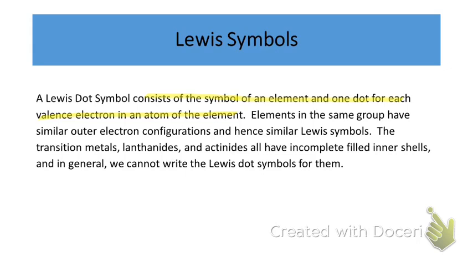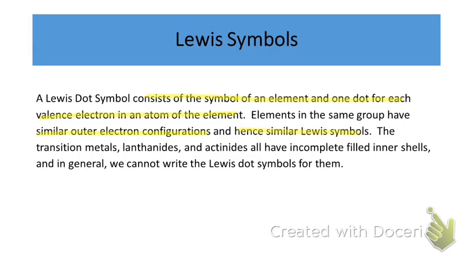Elements in the same group have similar electron configurations, and you know that. Hence, they're going to have very similar Lewis symbols. That's a pretty important connection to make: elements in the same group have similar Lewis symbols because their outer electron configuration, or valence electrons, are the same.